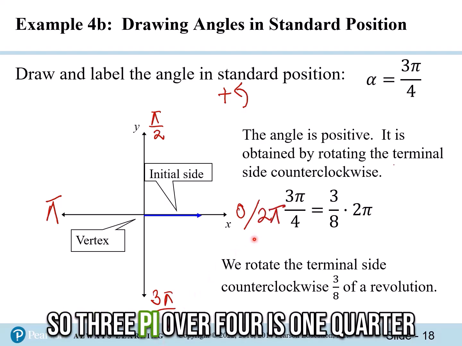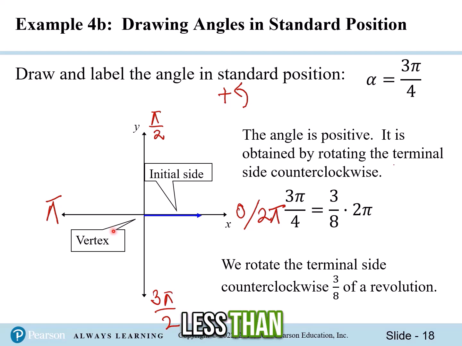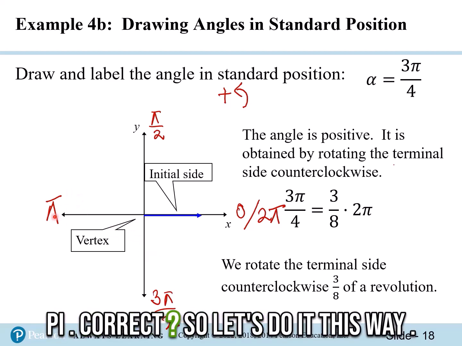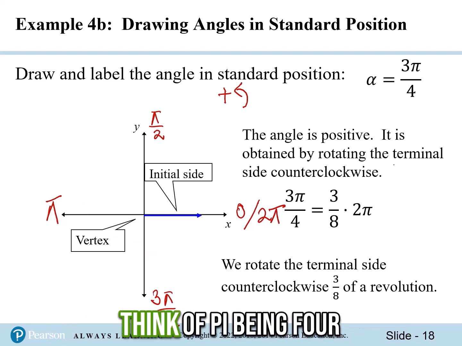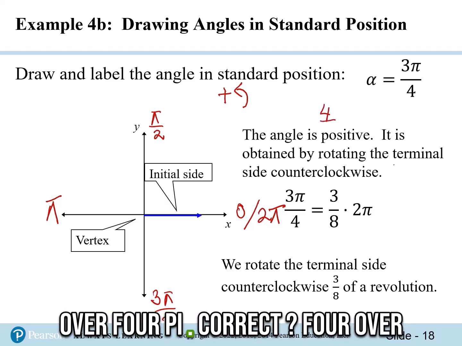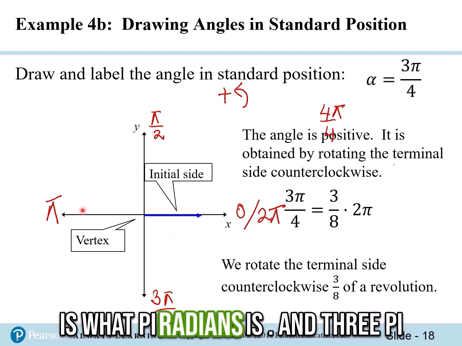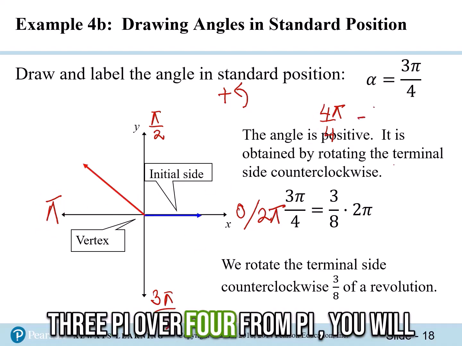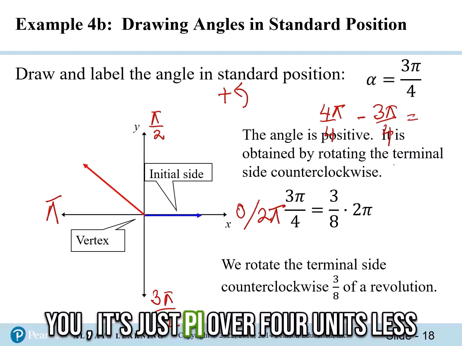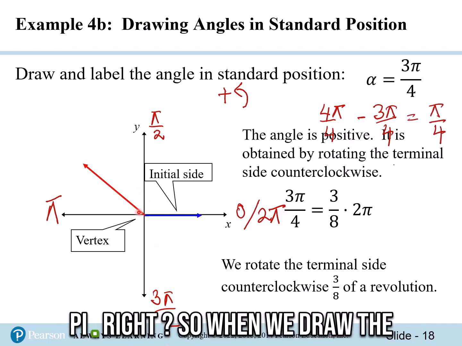So 3 pi over 4 is 1/4 less than pi, correct? So let's do it this way. Think of pi being 4 over 4 pi, correct? 4 over 4 pi is what pi radians is, and 3 pi over 4 is just pi over 4 units less than pi, right?